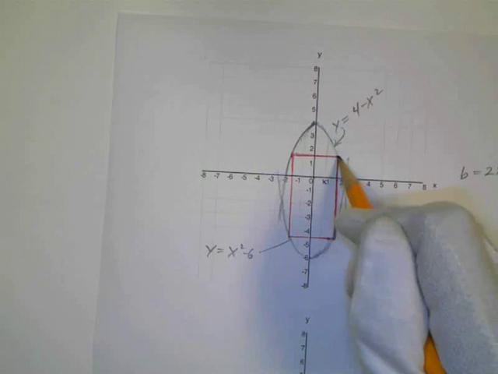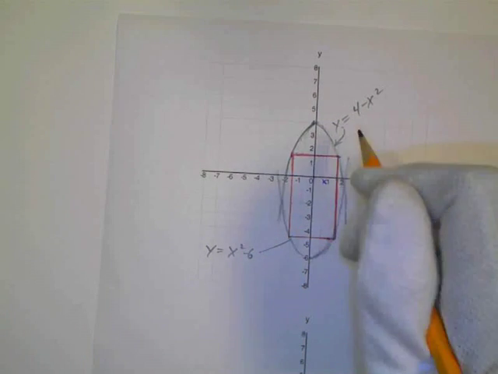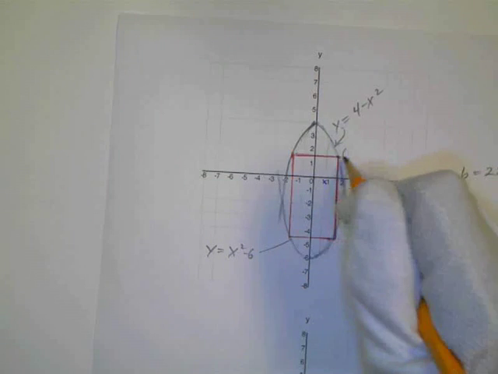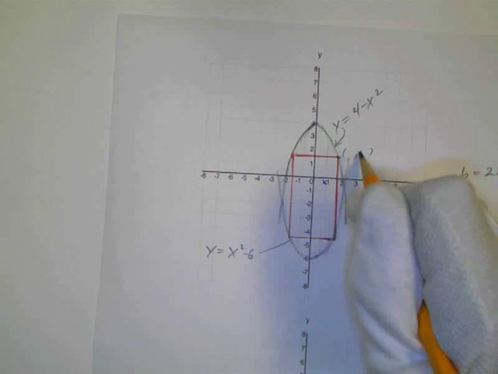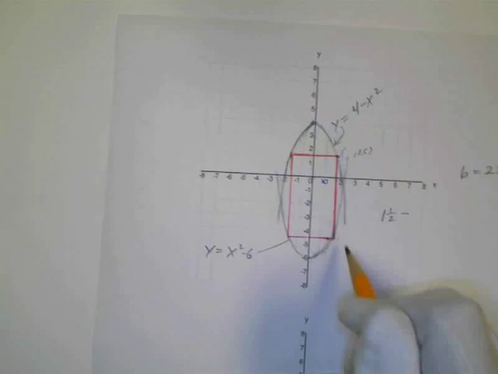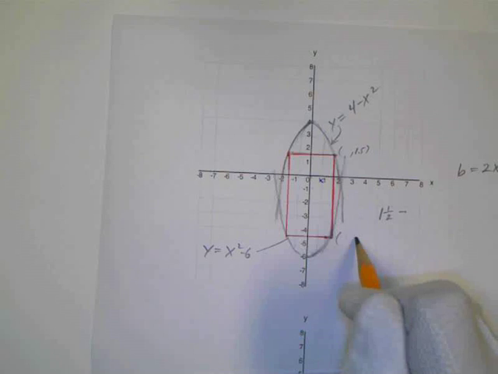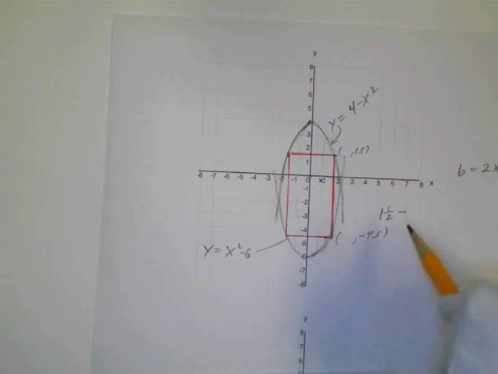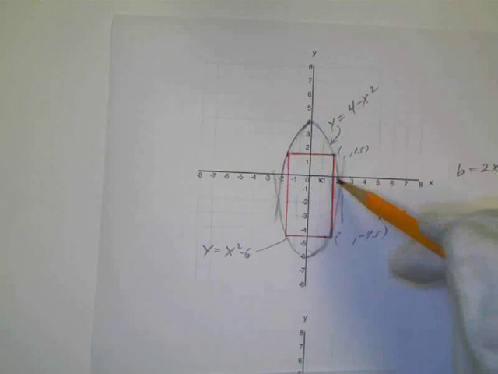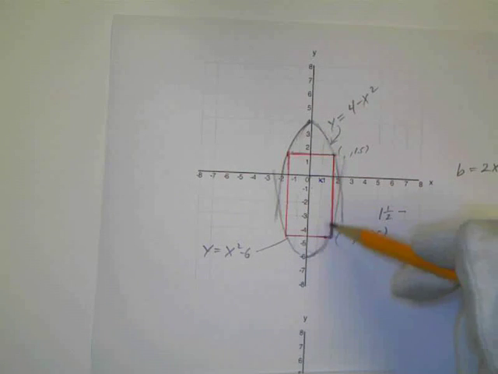If I take the top value over here, I don't know exactly what the x value would be, but the y value looks like it's going to be 1.5. And over here, the y value will be negative 4.5. But we know that this length is going to be 1.5 plus 4.5, or 6.